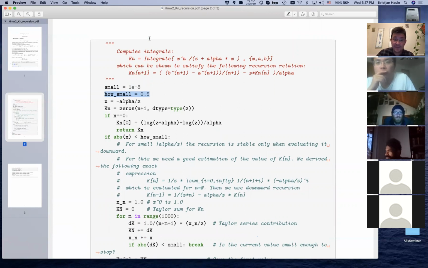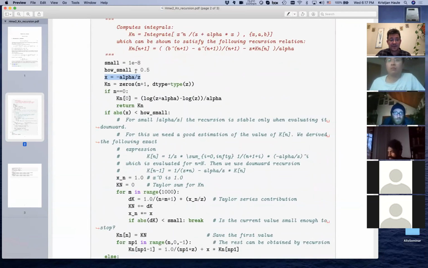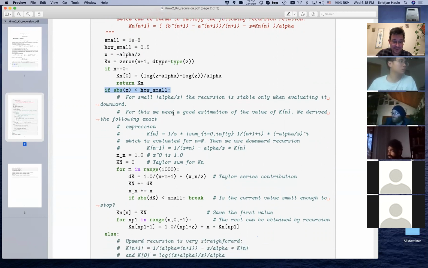So X in this case is minus alpha over Z. When the user gives me alpha and Z, I first calculate X, which is minus alpha over Z. And then I say if the absolute value of X is less than 0.5, then for small x, I need to use downward recursion.